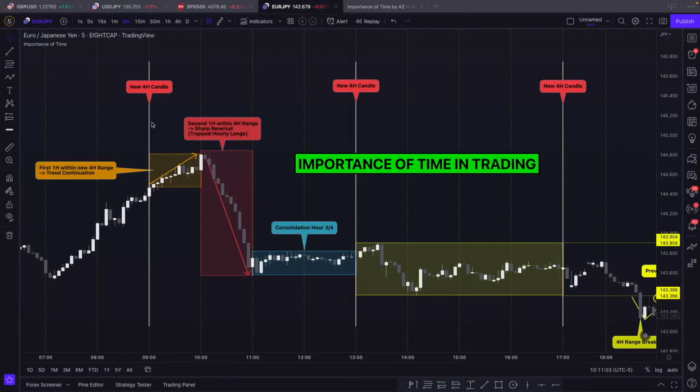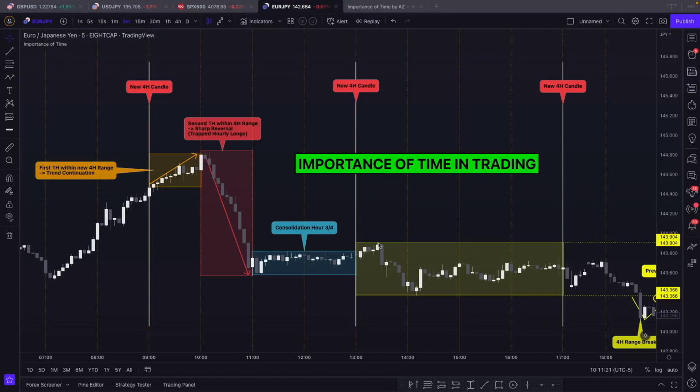So now our new 4-hourly candle closed right here, and a new 4-hourly candle is opening up. For hourly traders, we broke above this hourly high right here. Those two were just some consolidation dojis.